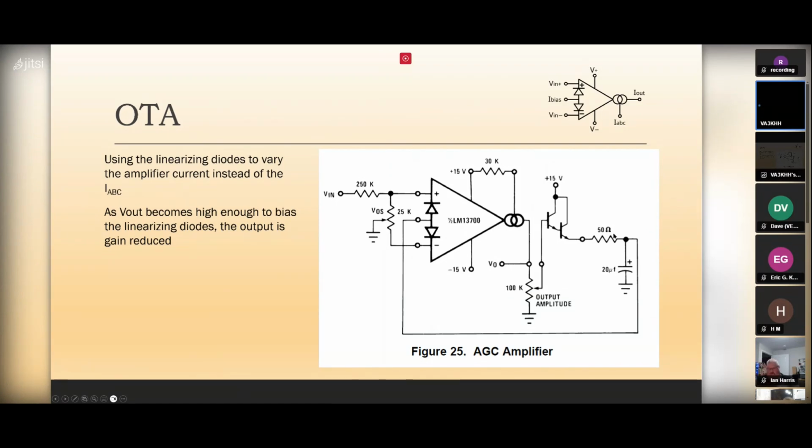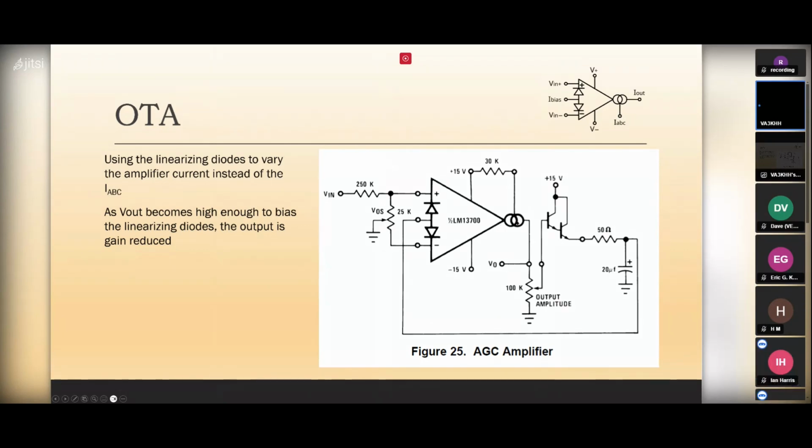And then this buffer circuit just drives a low pass RC filter, which comes back and adjusts the bias on the input diodes. So as you get more signal here, it kills the gain here, and you've got a feedback loop regulating the gain. So I guess you'd have to set this RC time constant to be suitable for what you want. So that's a good radio circuit and fairly simple.